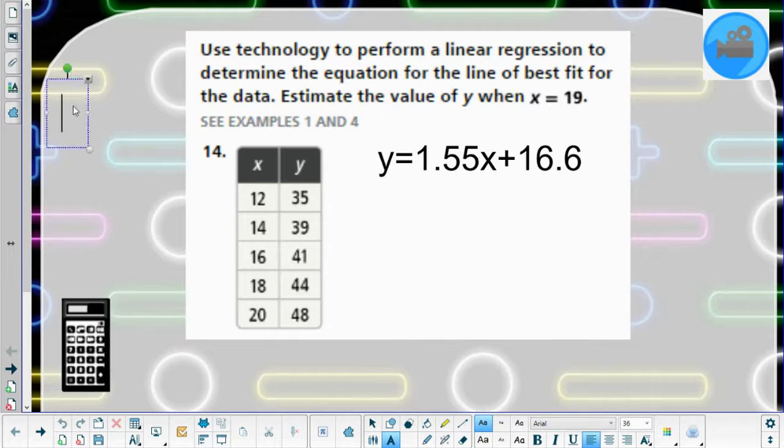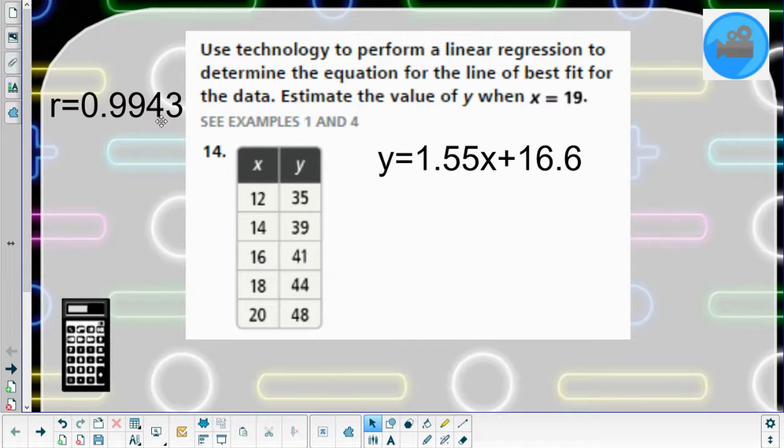Now it doesn't ask us in this problem, but our R value is 0.9943. As you can tell, that number is really close to positive 1, so that means this has a strong positive correlation.